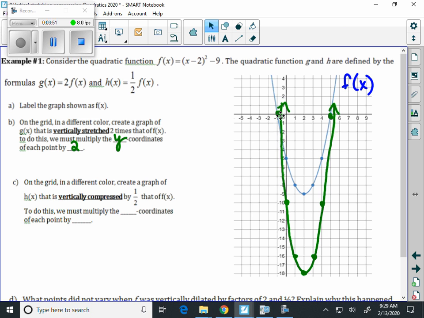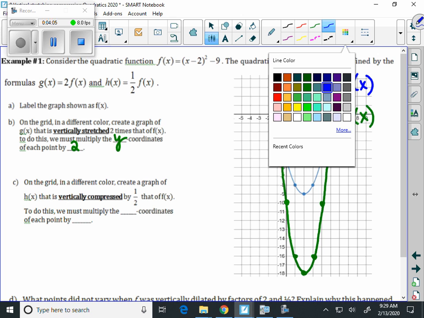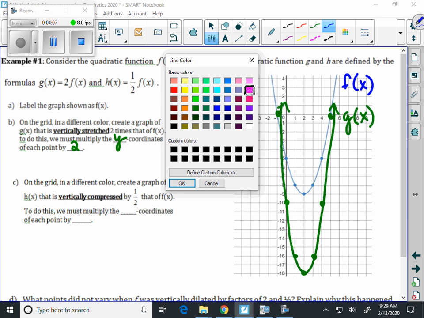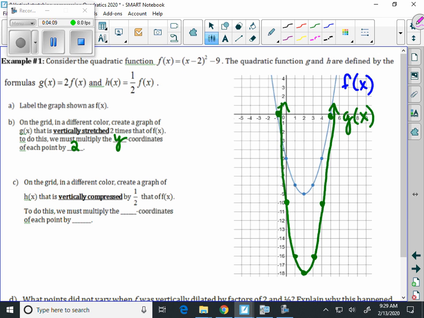Now, in a different color, if you so choose, we're going to create another graph. By the way, I'm going to call my green graph g of x. What we're going to do next is vertically compress this graph. We're going to compress the blue graph.